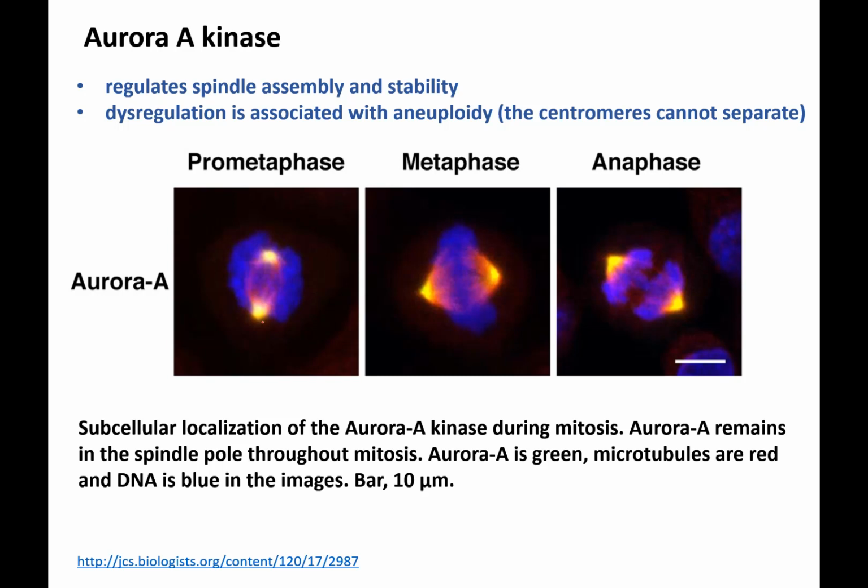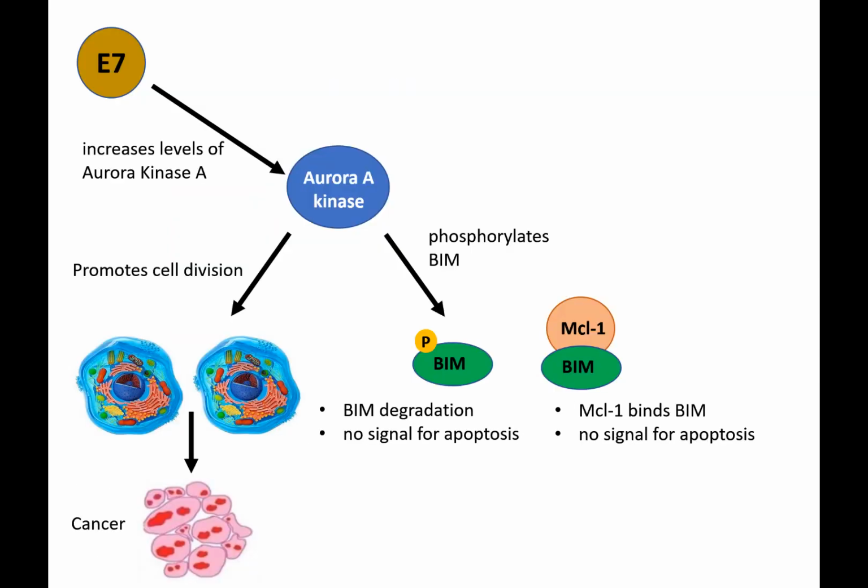And so when you have a mutation in Aurora kinase A, or you're inhibiting its function, the cells can't properly divide because the chromosomes can't properly divide. One thing that's really important that this paper does not mention is it's been shown previously that HPV E7 expression increases the levels of Aurora kinase A.